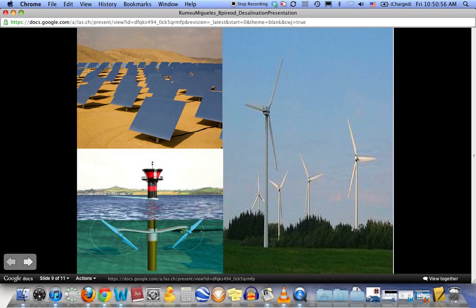It's hydroelectric energy, and it's the most expensive one. But the air one, wind, could also be used.